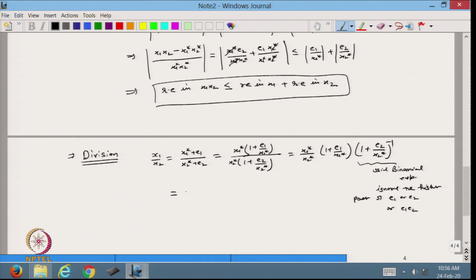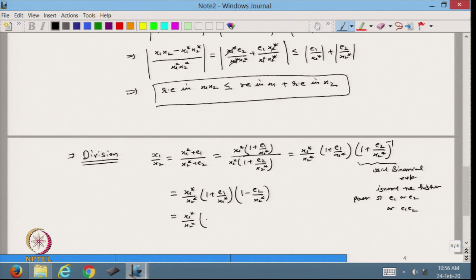So, from here I can write x1 star over x2 star, 1 plus E1 by x1 star, 1 minus E2 by x2 star, and all other terms will carry the higher power, so that we can ignore, and then we can do the further calculation.